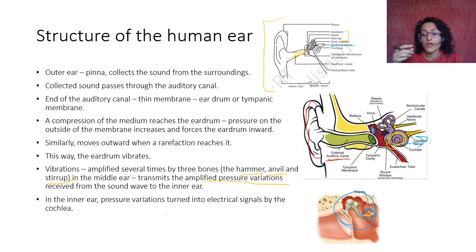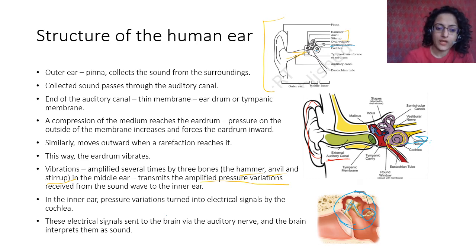And not just the language, but also the expression. If somebody is angry or happy, you can interpret that too. So it is very complicated the way the brain works. It is very interesting, right? So this is basically how the ear works.